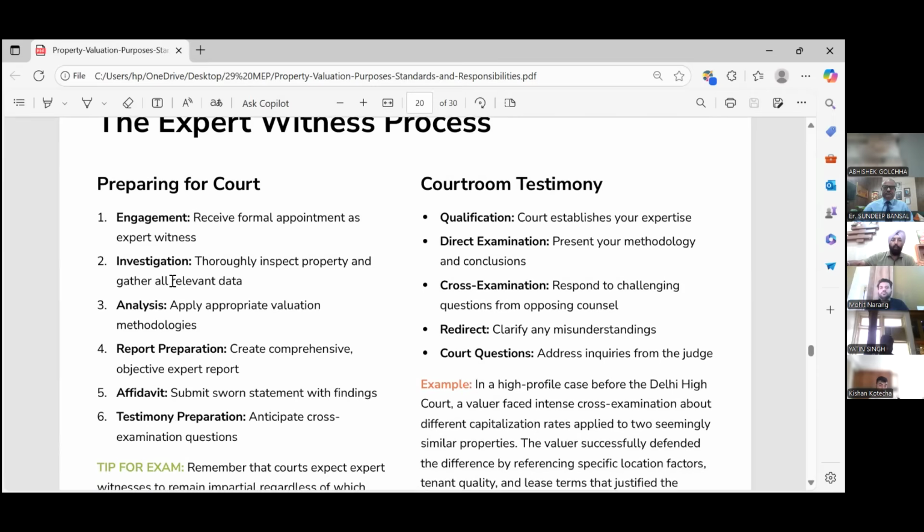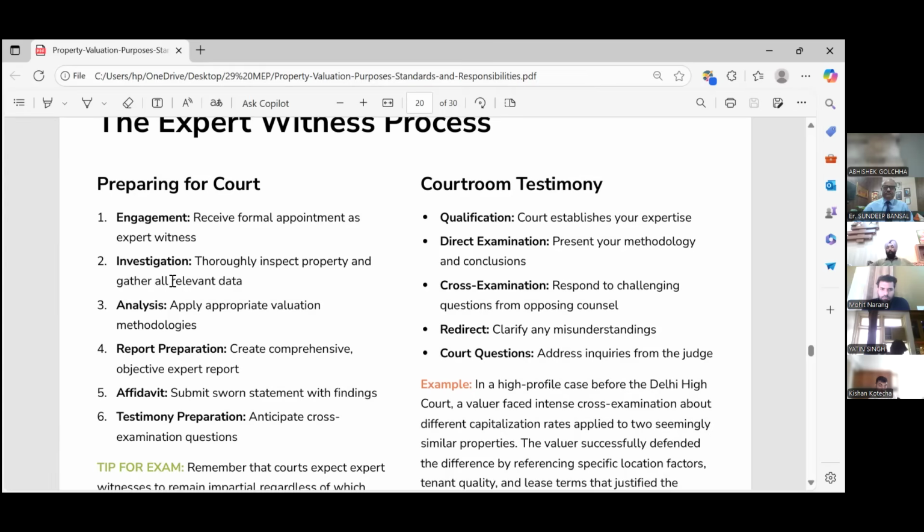So how is the expert witness process done? First, preparing for the court. As a valuer, if you have done the valuation, you will receive a formal appointment as an expert witness.